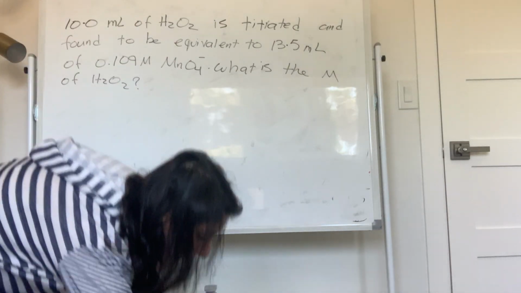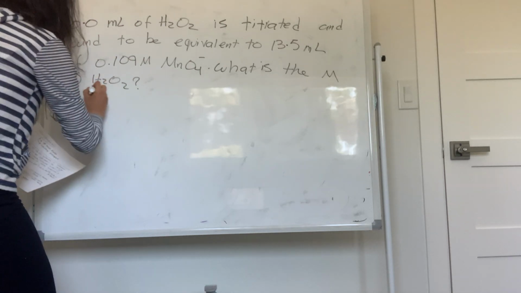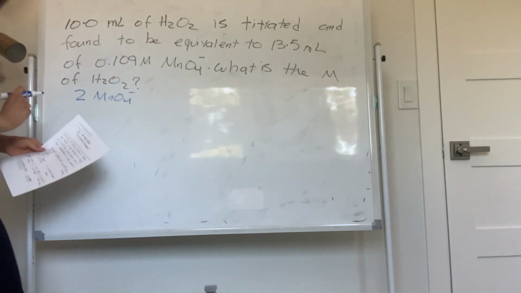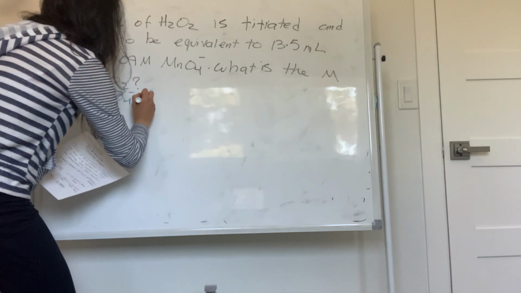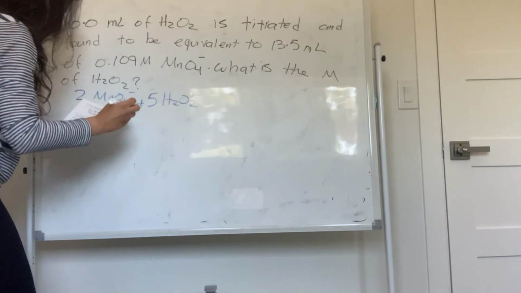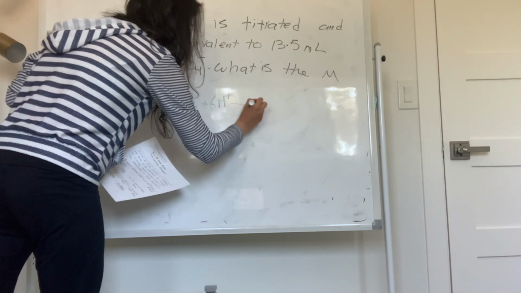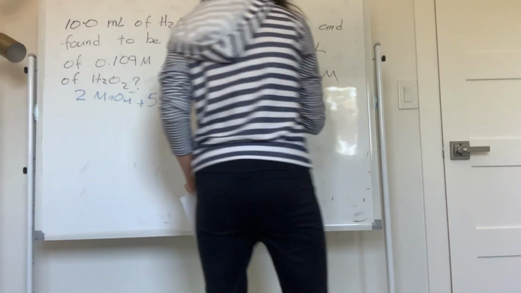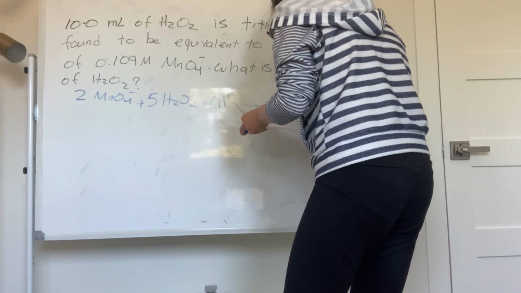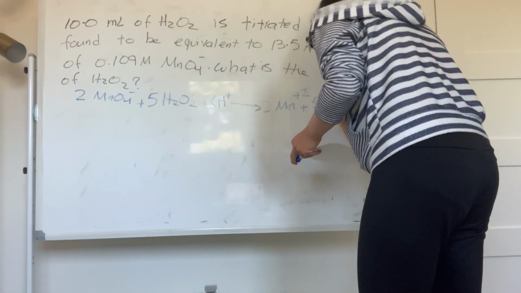So far so good. And of course I'm going to give you a balanced equation. The balanced equation is 2 MnO4 minus plus 5 H2O2. This is a balanced redox reaction. Plus 6 H plus goes to 2 Mn 2 plus, 5 O2 and 8 H2O.